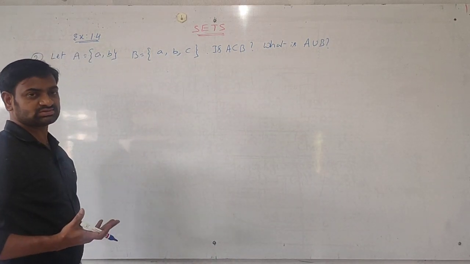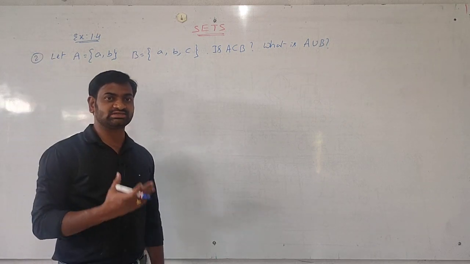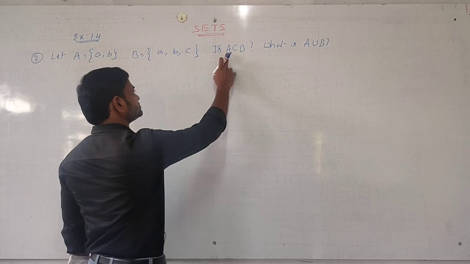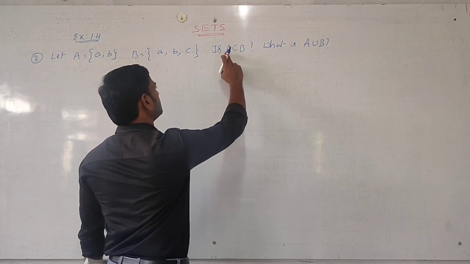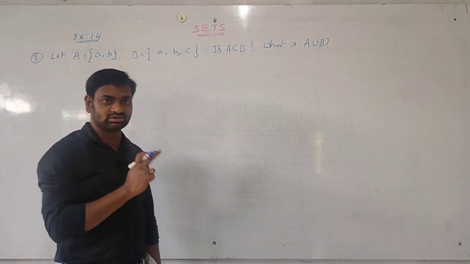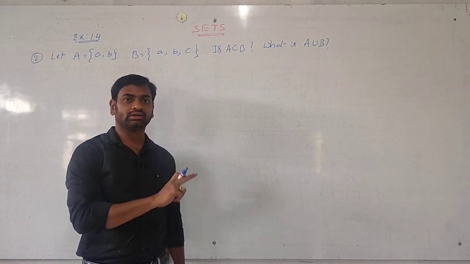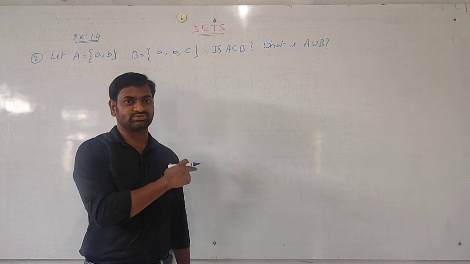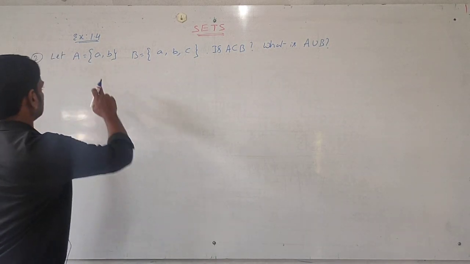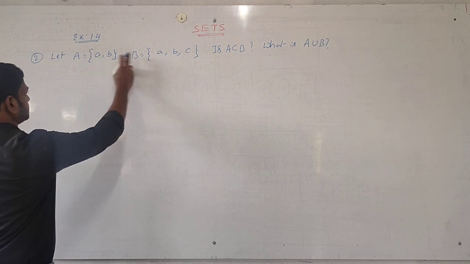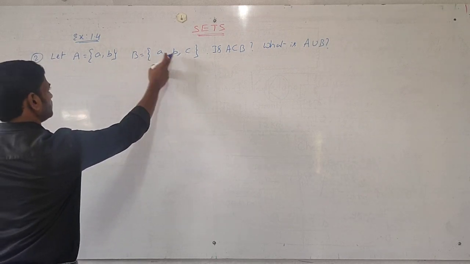What does subset mean? When can you say A is a subset of B? When all the elements of A are in B, then we can say A is a subset of B. Now see here. A is here, B is there.